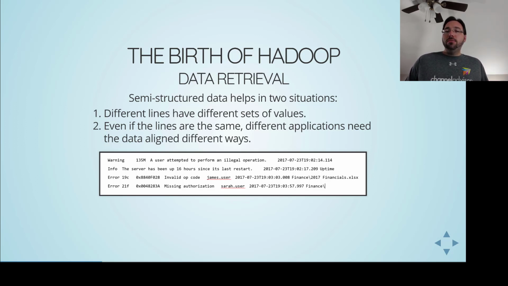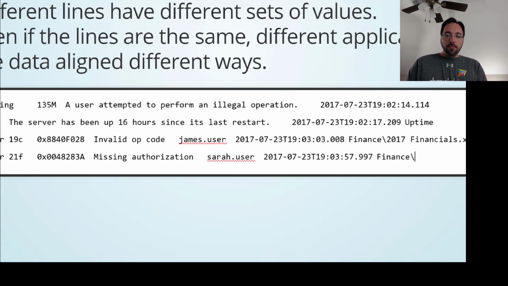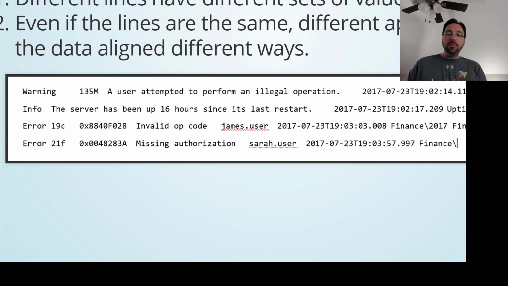Hadoop can process this very easily. A relational database cannot. We would have to transform the data and standardize it so that each row follows the same pattern. With Hadoop, we can ignore the rows that don't follow the patterns we want or deal with it some other way. Also, sometimes we may need the data in a different format.